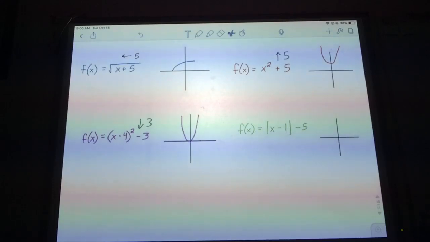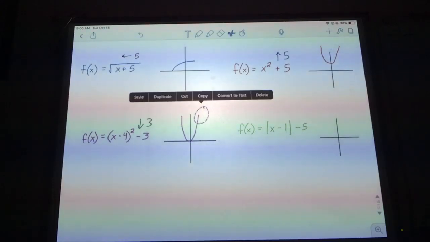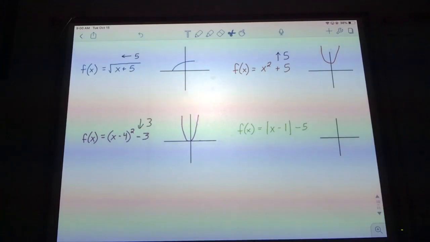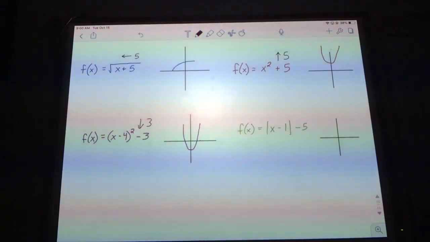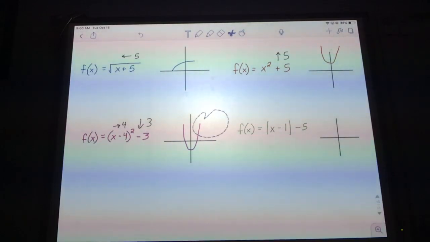And then what does the inside tell us to do? Well, it says negative 4, but when it's inside, it's opposite, right? So that's going to move to the right 4. So we're going to take that and move it down 3 and then to the right 4. So that's where your graph should end up.